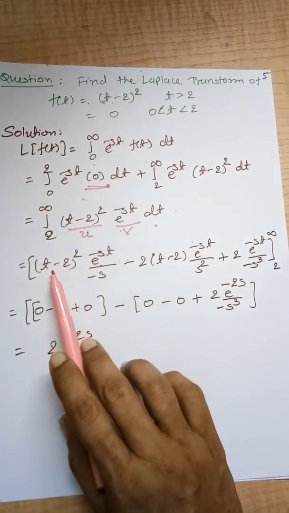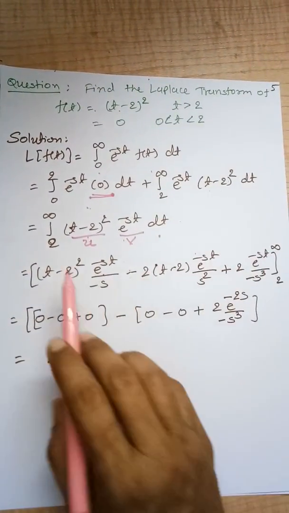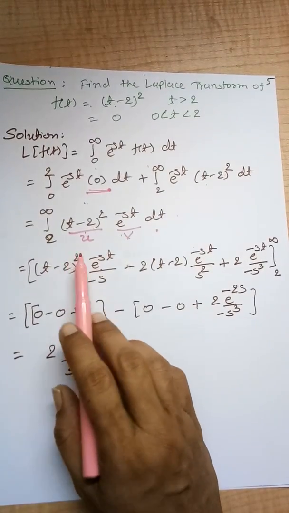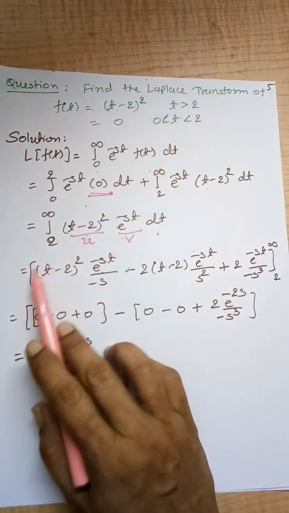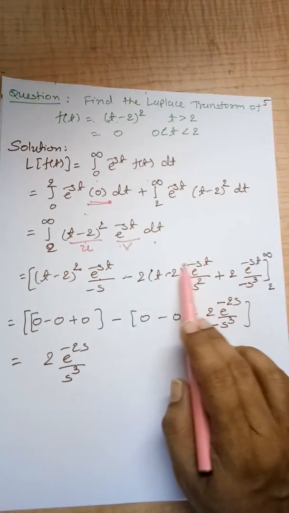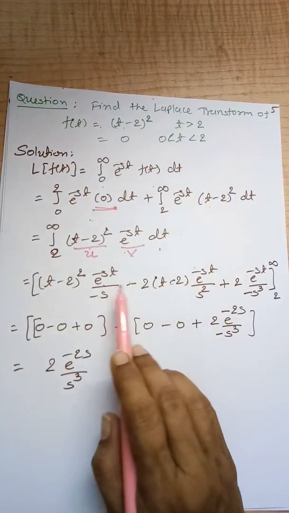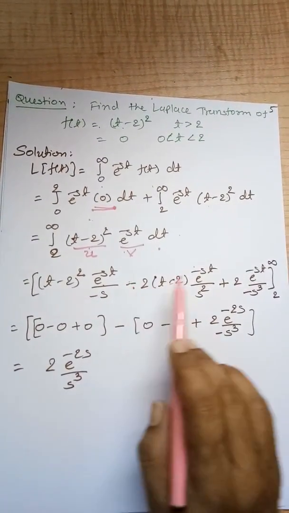The derivative of u is 2 into t minus 2. Here we take the power to the front of the function, so 2, and after cutting this power 2, we get 2 minus 1, so t minus 2 raised to 1, with the minus sign in between.